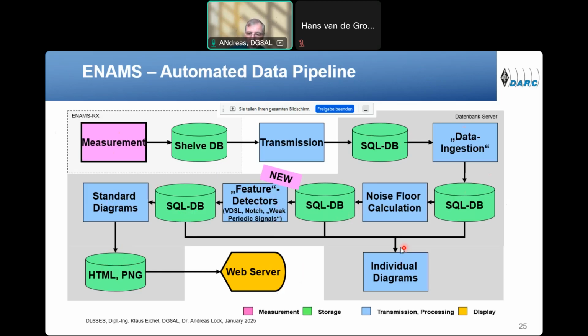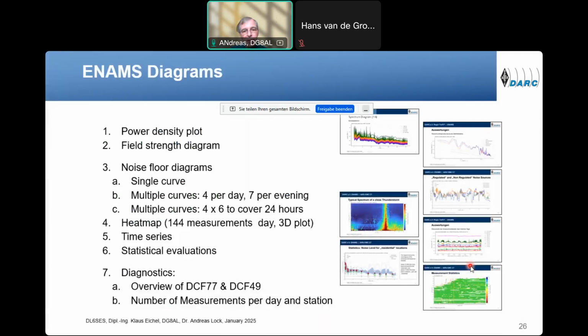In the team, Klaus and me, we also have software available with which we can generate individual diagrams, which allow a deeper analysis of the data. This is an overview; I will not go into the details. This is an overview of all the diagrams we are providing at the moment.